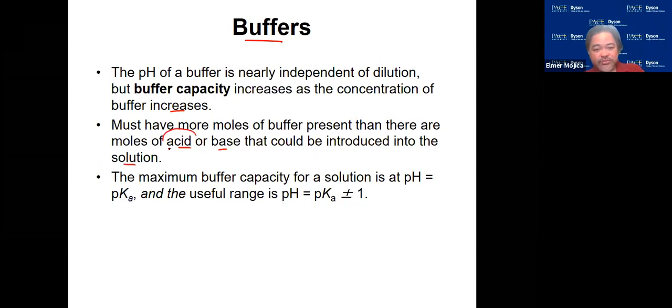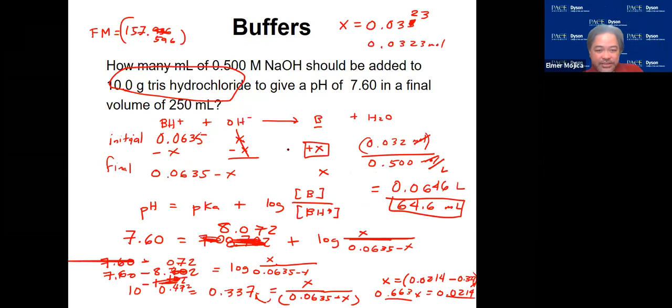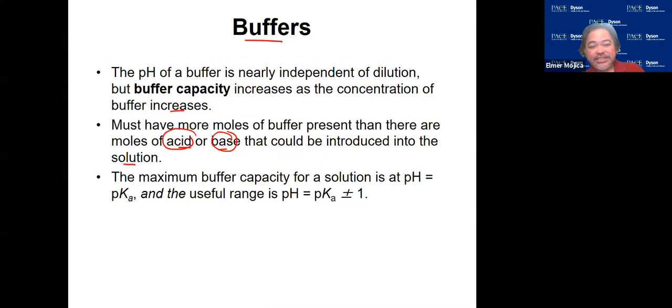So once the moles of the acids or the moles of the base, remember in the calculations that we have here, there's a time that the number of moles of this is much higher than the one that you have here. And when that happens, the buffer will not do its job because its capacity is already overrun.